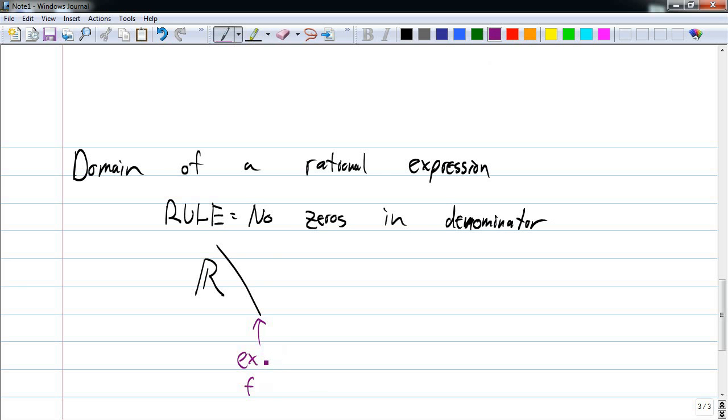I wrote expect. That should be except. Except for any x's that result in a 0 in the denominator. Okay?